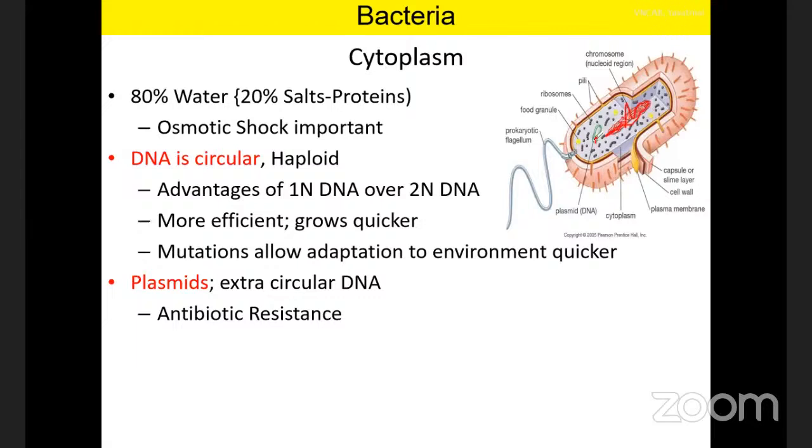The plasmid is extra chromosomal DNA, extra nuclear DNA, double helical, circular, and self-replicating.